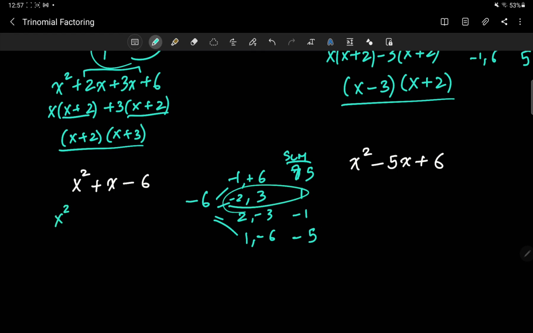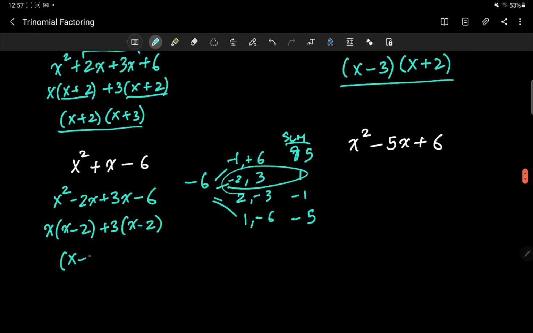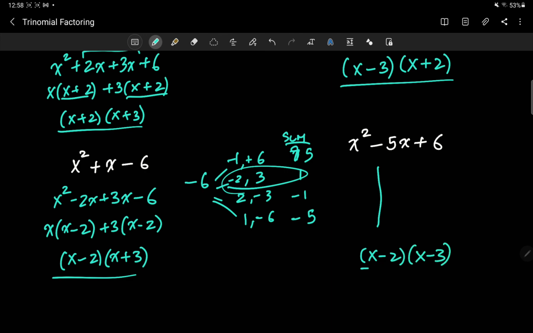So this is x squared minus 2x plus 3x minus 6. Then we use GCF factoring: x times (x minus 2) plus 3 times (x minus 2), which comes out to x minus 2 times x plus 3. And this last one, if you complete it, is going to be x minus 2 times x minus 3.